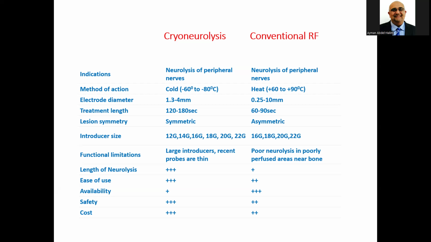The problem with cryoneurolysis is availability. It's not really as commonly used as conventional radiofrequency. Cryoneurolysis is safe, and the cost is a little bit more expensive because of its availability here.